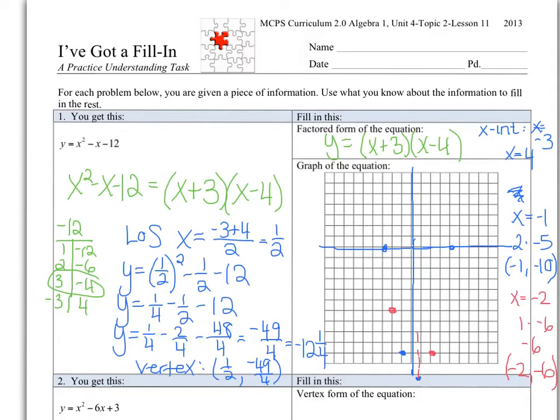And again, that's 2.5 over from the line of symmetry. So I'm going to move over, here's my half, and then 1, 2, it's going to be right there. And that is probably enough points to make my parabola. Again, your parabola should look a little bit better than mine, but I'm working with technology.